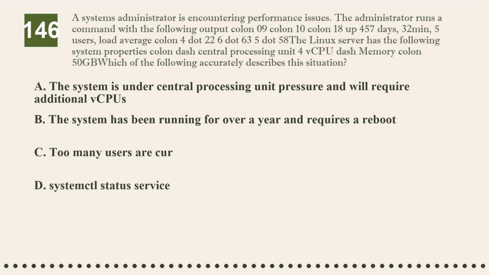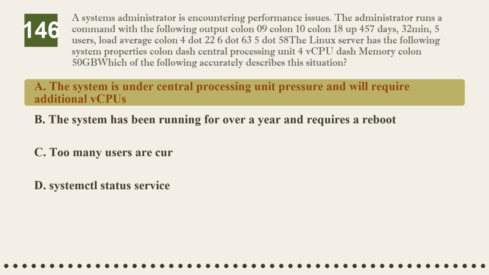The Linux server has the following system properties: central processing unit 4 vCPU, memory 50 GB. Which of the following accurately describes this situation? Option A. The system is under central processing unit pressure and will require additional vCPUs. Option B. The system has been running for over a year and requires a reboot. Option C. Too many users occur. Option D. System status service.